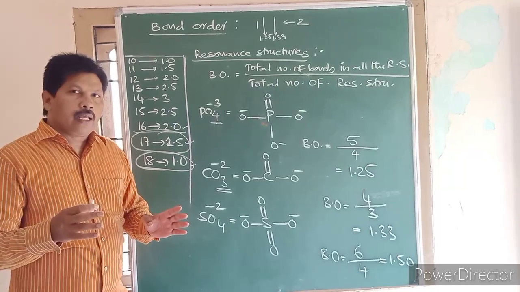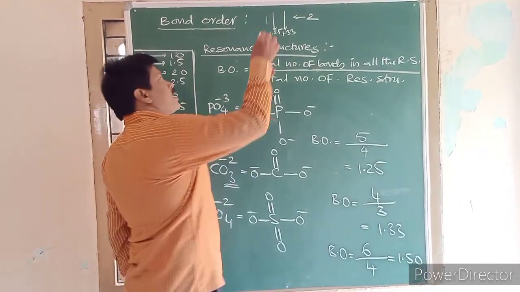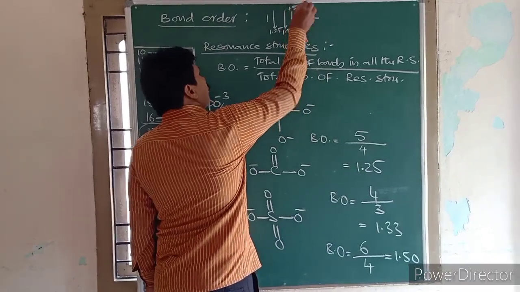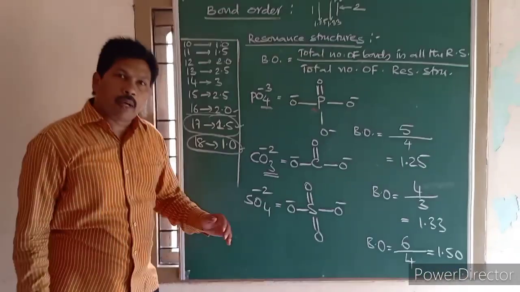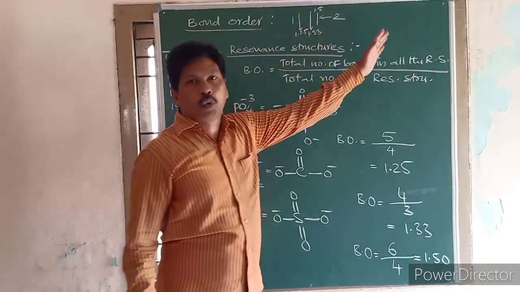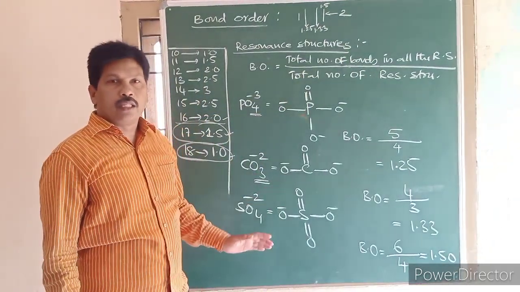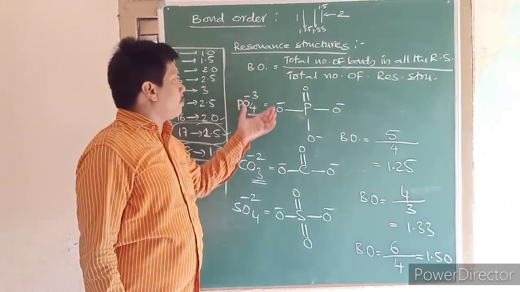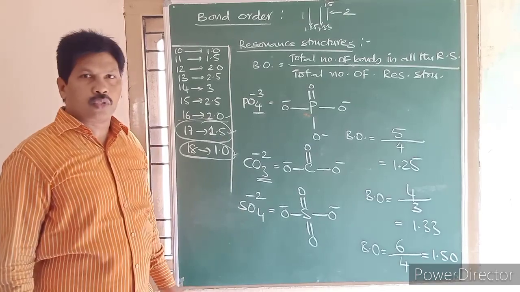Both are equal. That's why the bond order is in between 1 and 2, that is equal to 1.5. If the number of double bonds is more, the bond order is very near to 2. This is one super trick to calculate the bond orders in this type of ions or molecules.